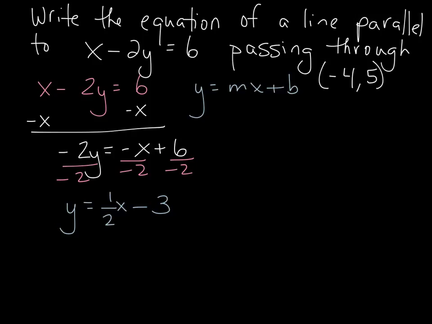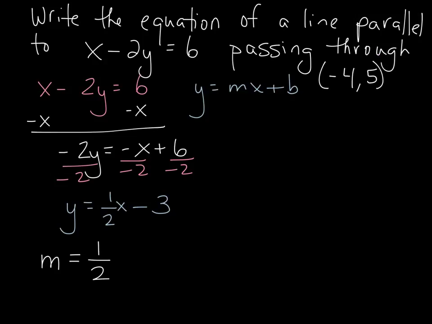So at this point, I know and I can identify my slope, my m value of this line is 1/2. Since I'm talking about parallel, we know parallel lines go in the same direction. They never cross, so they have the same slope. So I'm going to use this slope right here with this point right here to form my line.